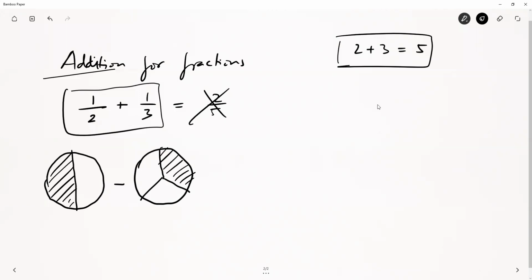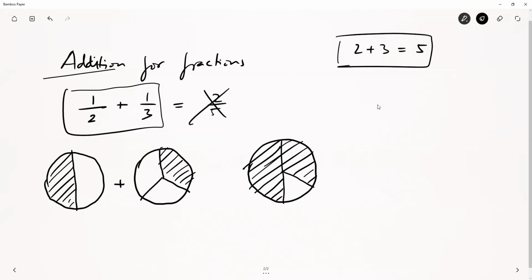Now if they add these two things, we will have something like this, and then another 1/3, which is this part. So now they will start to ask, how big actually is this shaded area compared to the whole circle, right? And that's when we try to explain how to do the addition for a fraction.